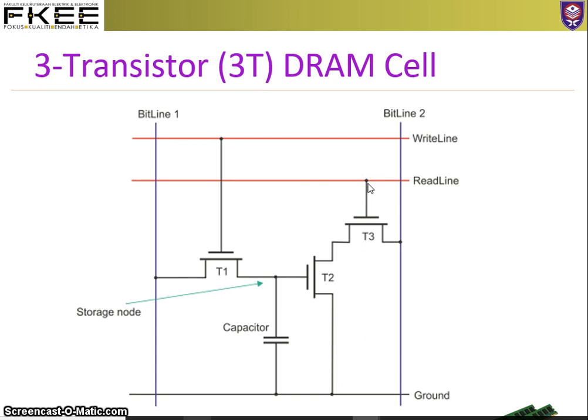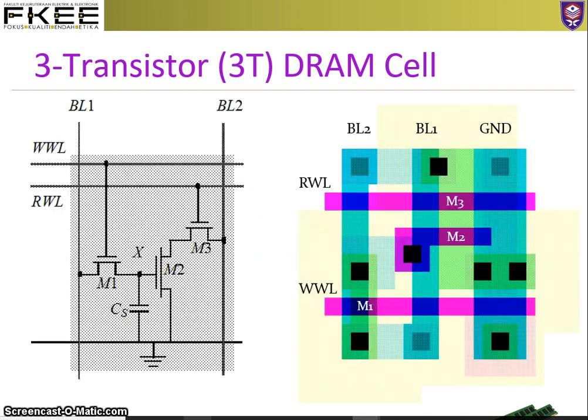In the 1T cell, there is only one transistor, connected to the address line, so it can be used for read or write operation. But for this, the write line will control T1, and the read line will control T3. So this is more manageable, but even though it is more manageable, the area taken is larger than the 1T DRAM cell.